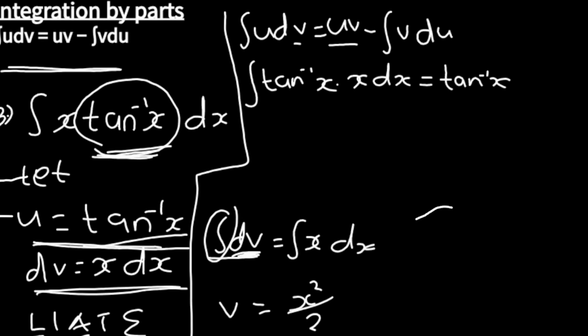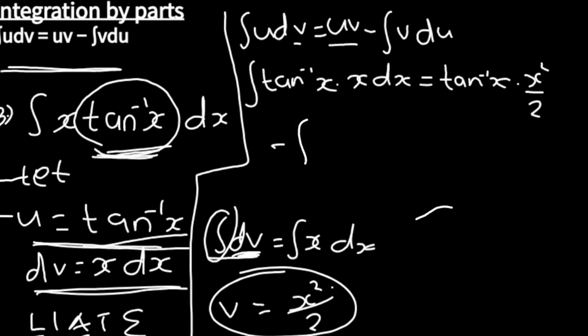This is our v, x squared over 2. So that is u times v, arctan x times x squared over 2, minus the integral of v du, which is x squared over 2. So where is our du? Our du was 1 over 1 plus x squared dx.